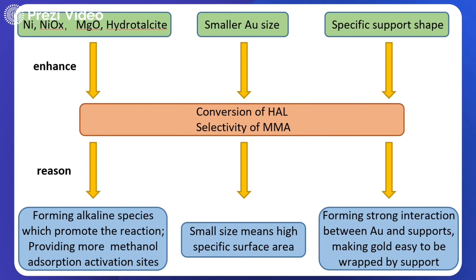Like needle-shaped support, it can form strong interaction between gold and supports and make gold easy to be wrapped by support. That means it is easier to achieve high dispersion and high surface area, which can enhance catalyst reactivity.